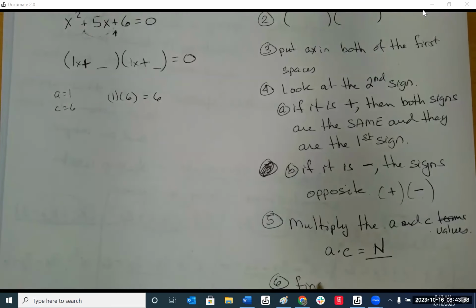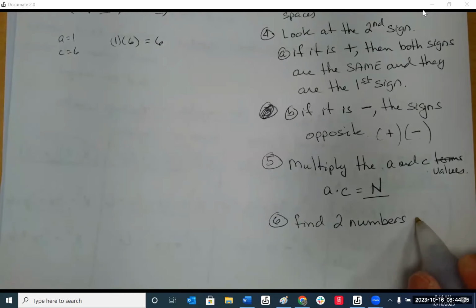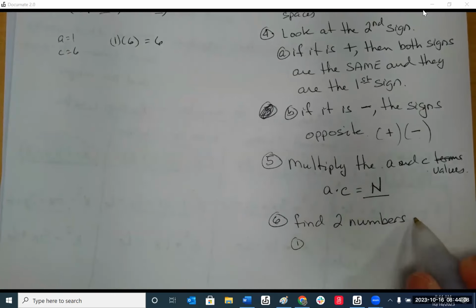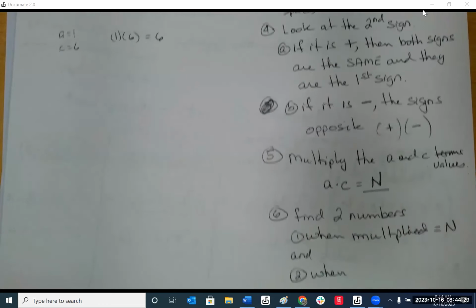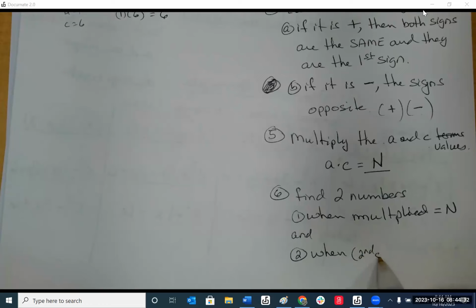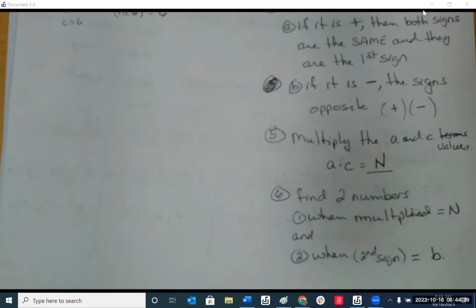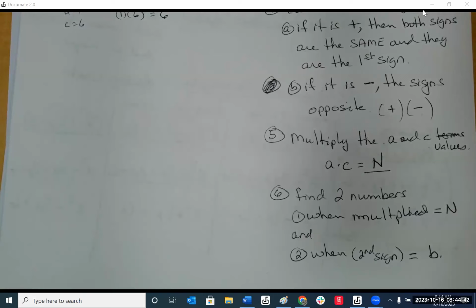Now, find two numbers that when multiplied equal N, and when added or subtracted according to the second sign equal B. Find two numbers when multiplied equals what we just found here.